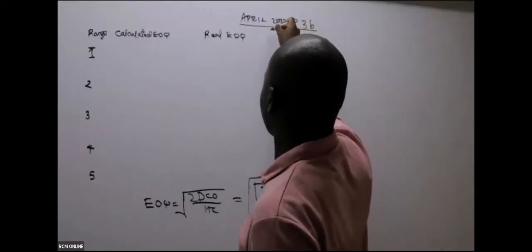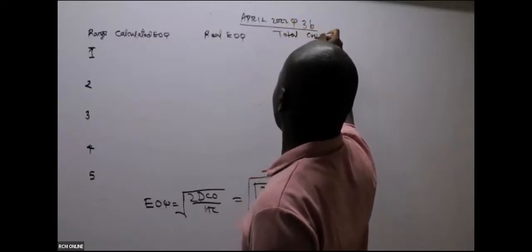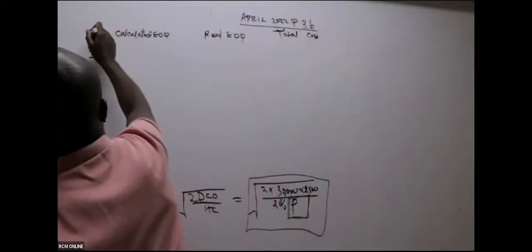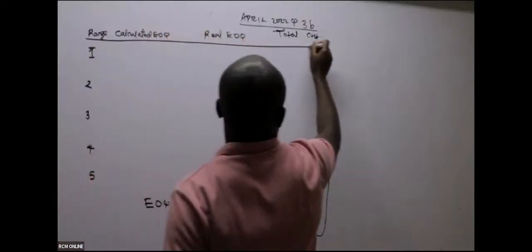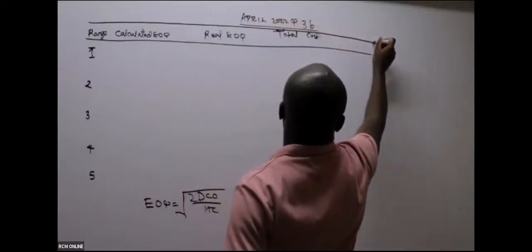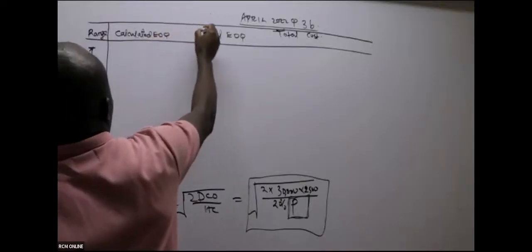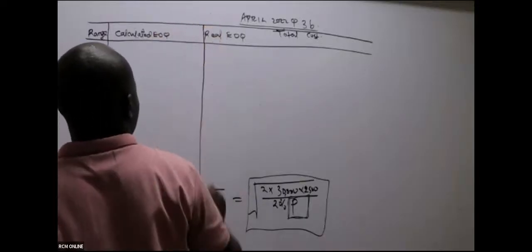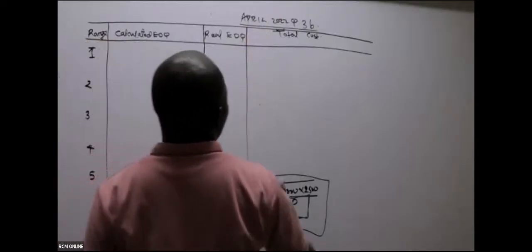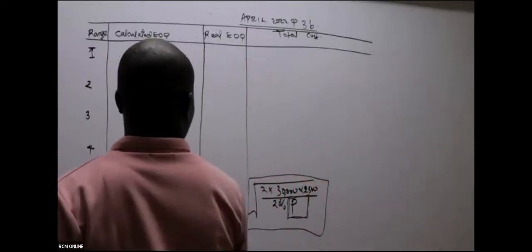So we have the calculated quantity, then the real quantity, then the total cost.